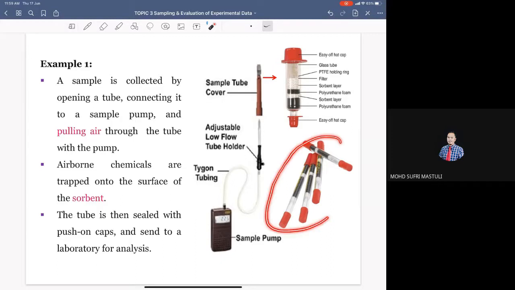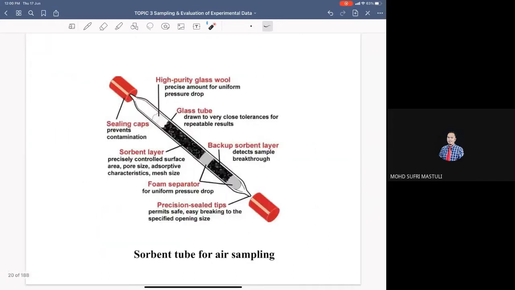So we can have several solvent tubes containing the gas or the vapor of the sample that we are interested to analyze. This is the detail inside the solid solvent for continuous gas sampling. But you don't need to remember all these components, as long as you know that during continuous sampling, you will use a solvent tube to do the sampling.